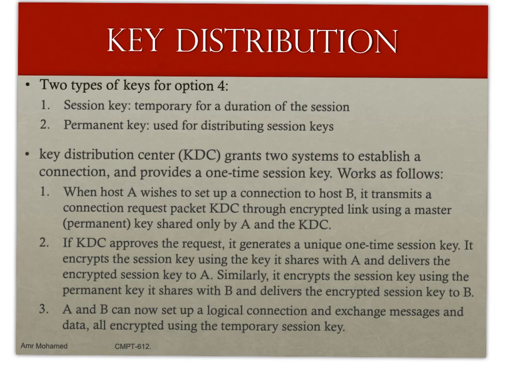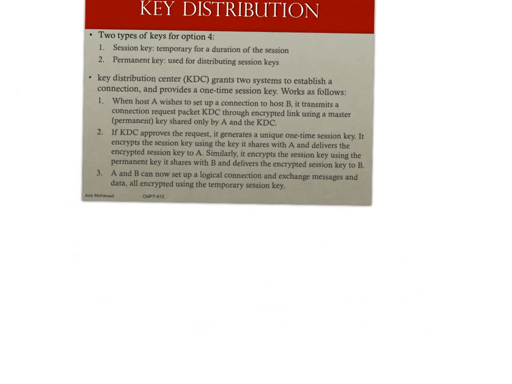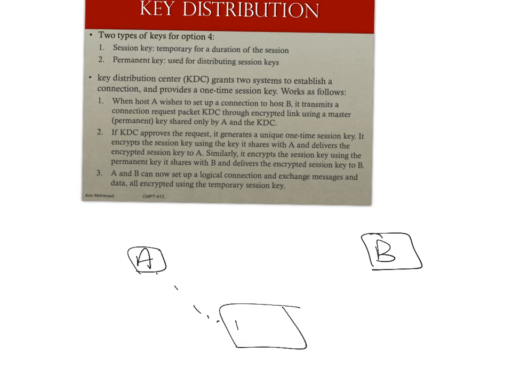All right. Again, in many cases we're using a centralized entity. Sometimes we call this a key distribution center. The key distribution center grants two systems the ability to establish a connection and provides a one-time session key to these two. So you have A and you have B. Each of them initially will connect to the key distribution center, and through this they get the same key.